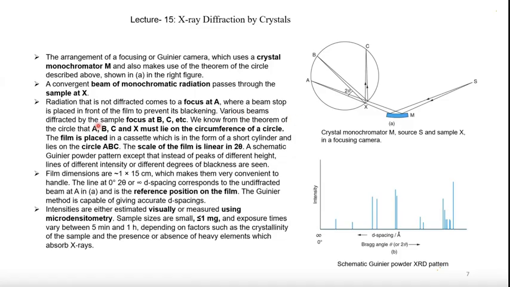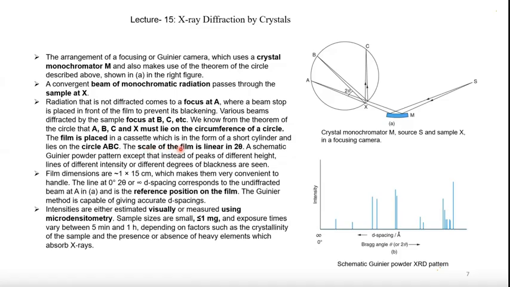Various beams B, C, etc. are diffracted from the sample. And we know that, by the theorem of circles, A, B, C, X must lie on the circumference of a circle.